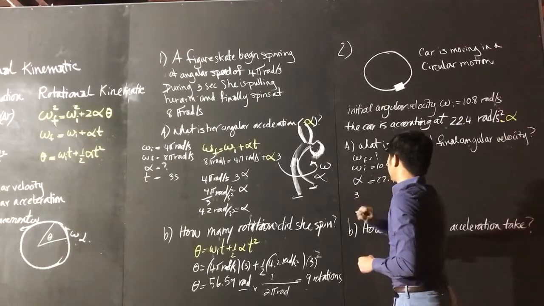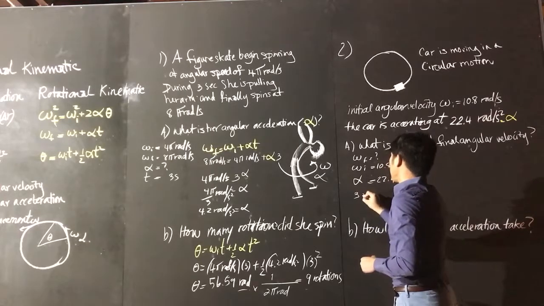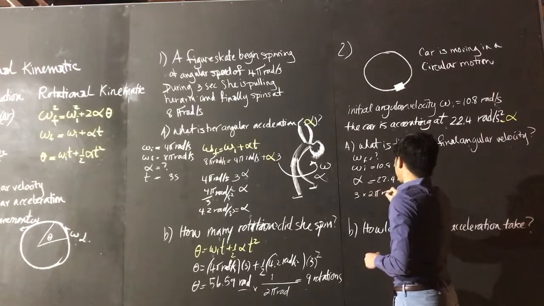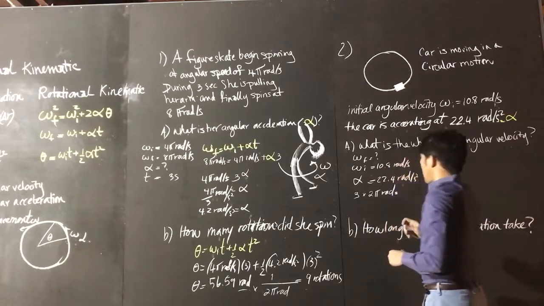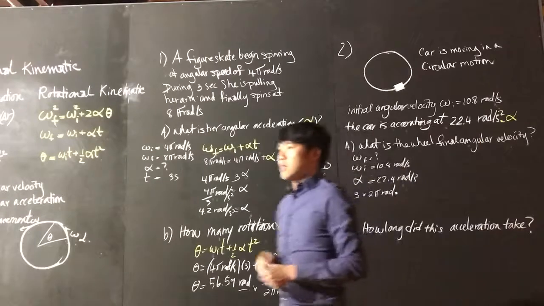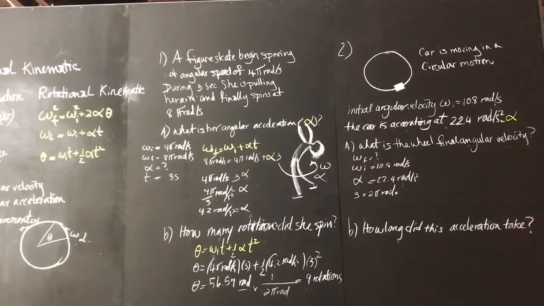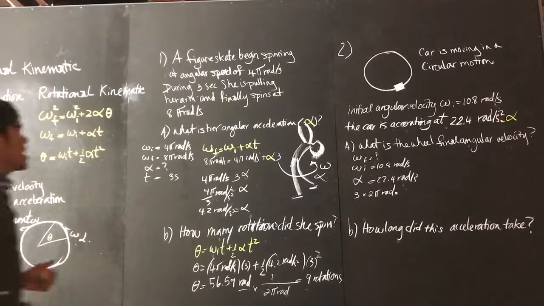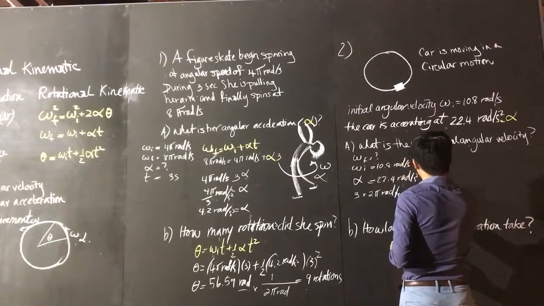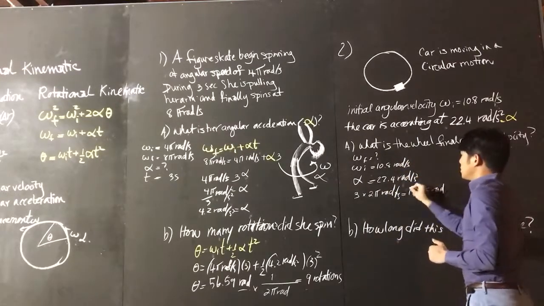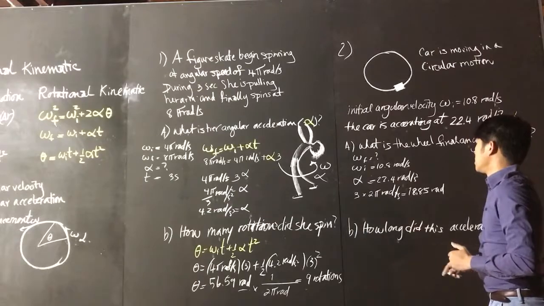It's 3 rotations, so you use 3 multiplied by 2 pi radians. Let's use the calculator to calculate the value. The answer is 18.85 radians.